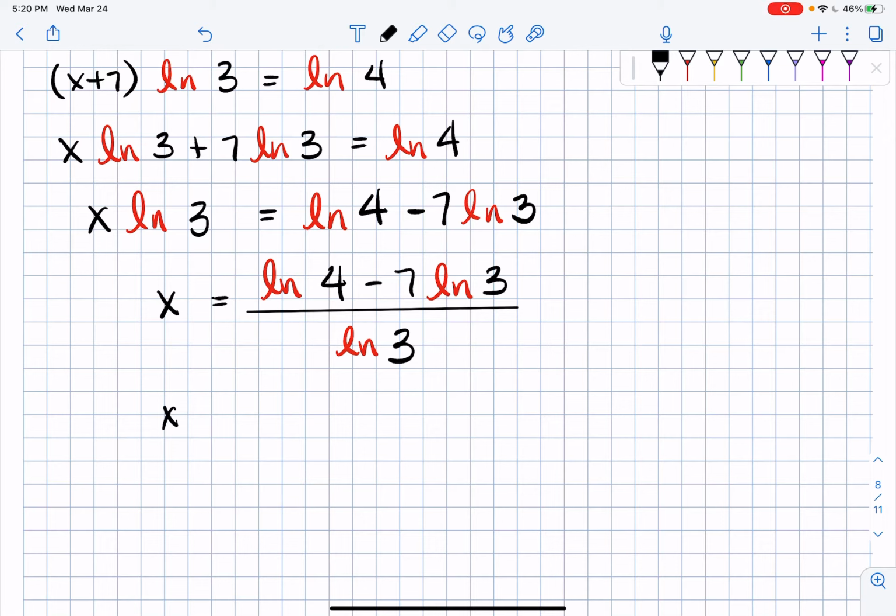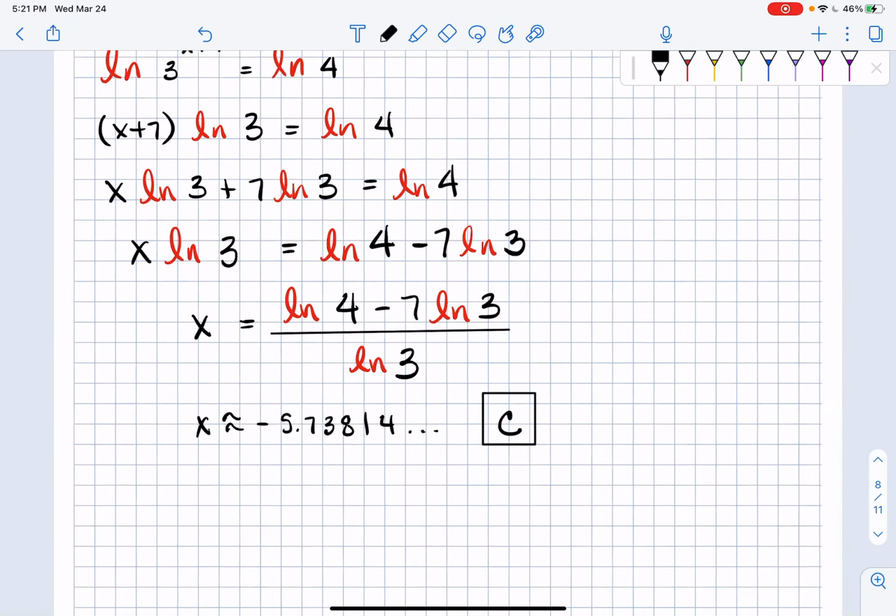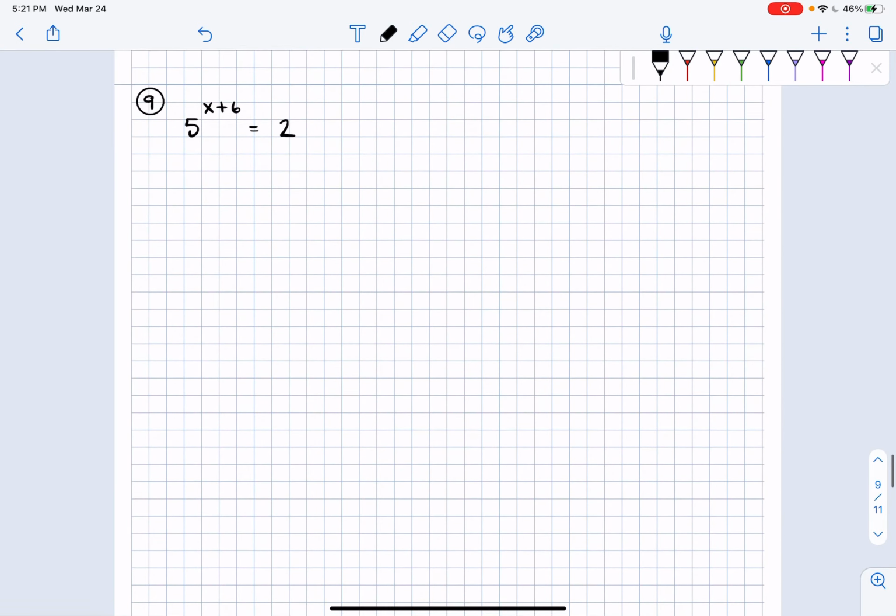So I got x is approximately negative 5.73814 blah blah blah. So which is going to be choice C. And there we go. All right. So that's number 8. Number 9.